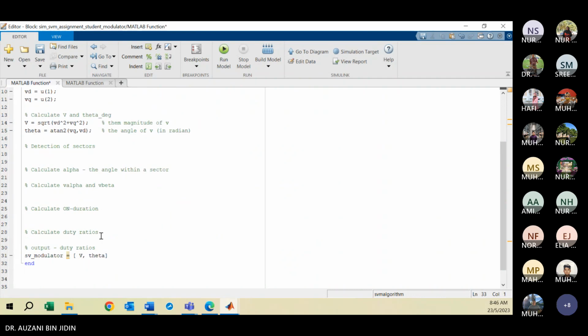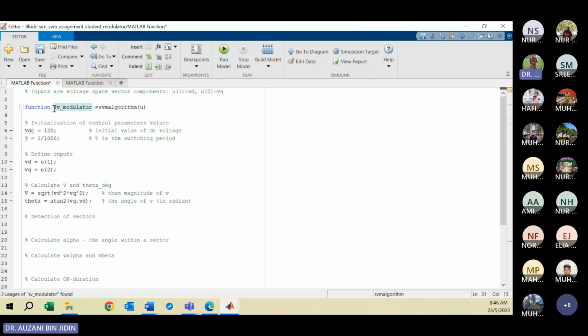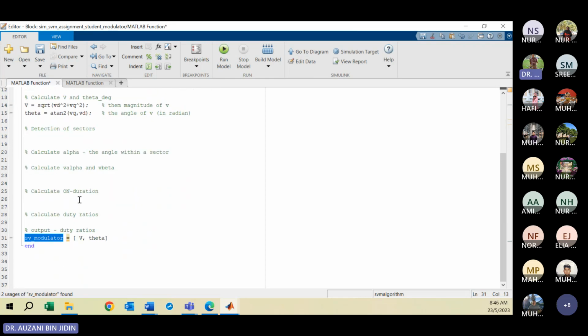Make sure this name is the same as what we defined here. You must be consistent with the name of the function, SV underscore modulator. So now the outputs are two, the magnitude and angle.